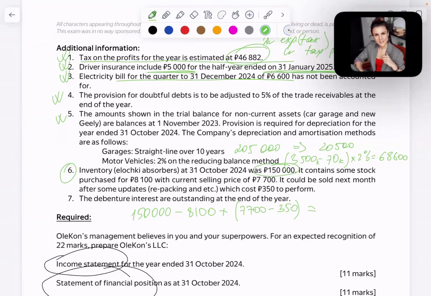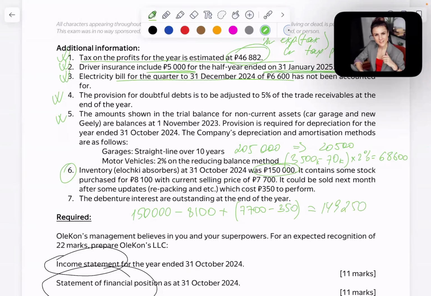would be 7,350. And the total adjustment to be performed is 750. So the adjusted amount of closing stock would be 149,250.